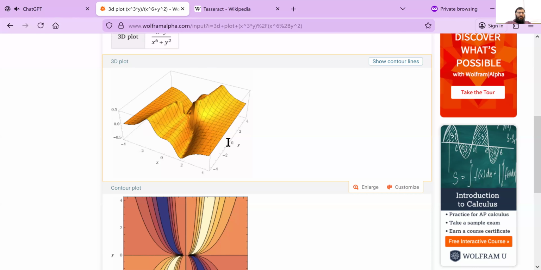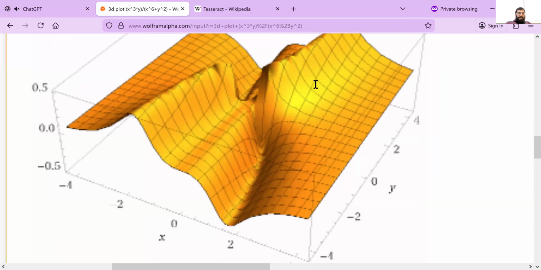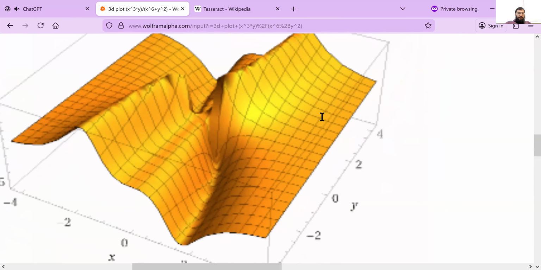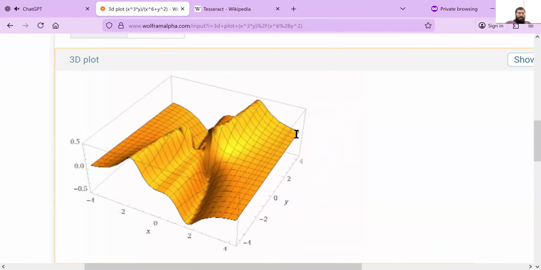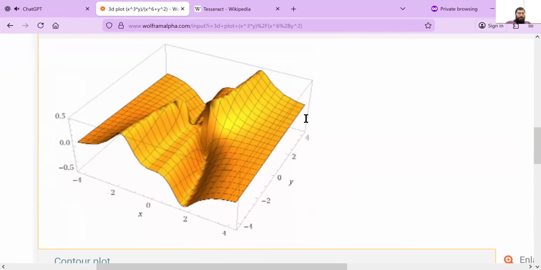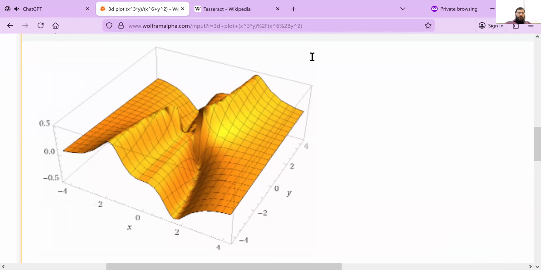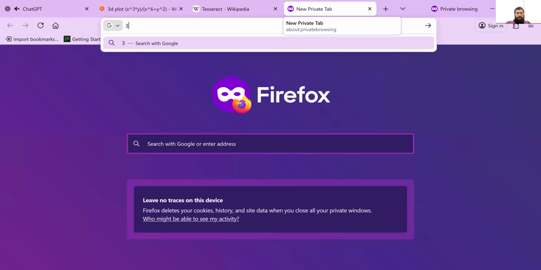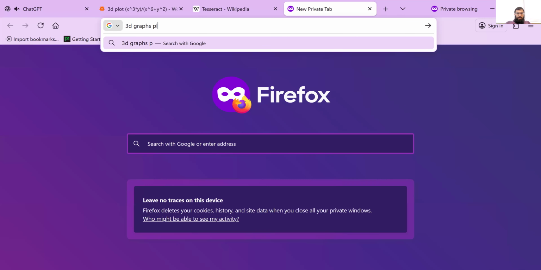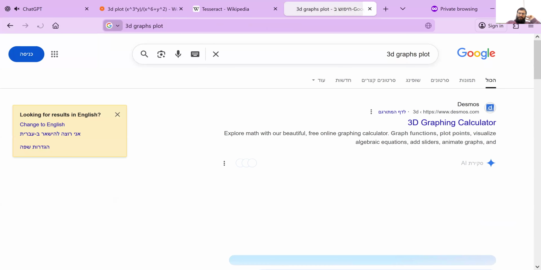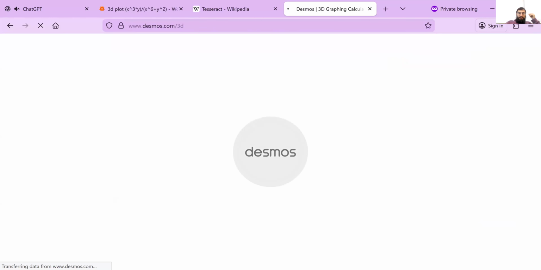I can enlarge it, moving it to a different type of view. Wolfram is too primitive to do so. We're looking for some other 3D graph, maybe Desmos, I don't know.